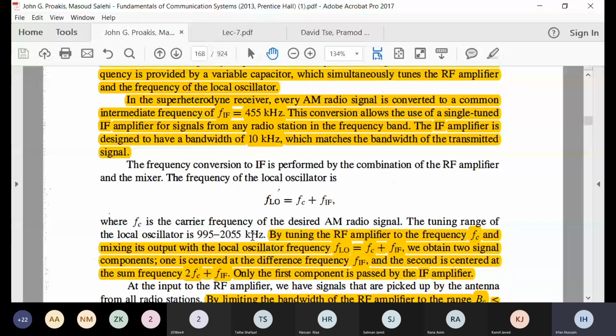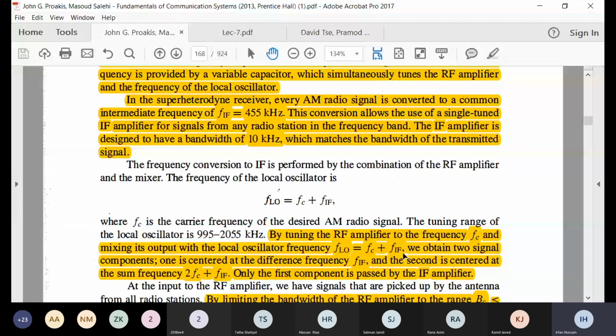So you will use the mixer that will multiply or mix. We have seen what happens, mix, and then you pass through the appropriate band pass filter. You will multiply with this carrier, and the result will be that you will get two cosines.